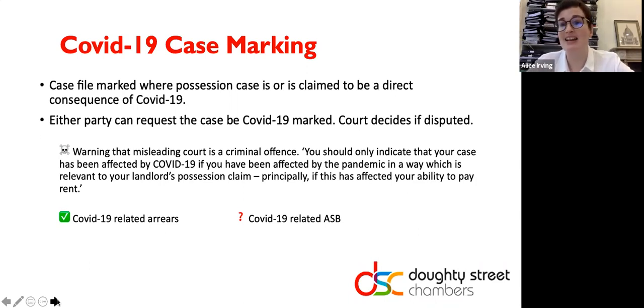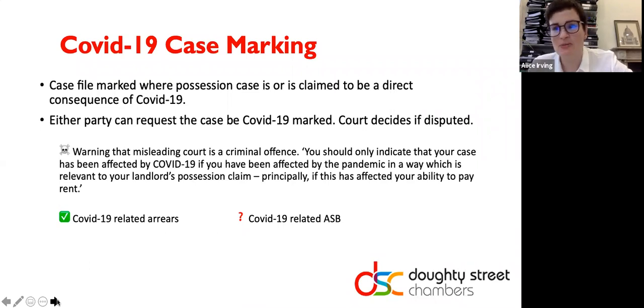And you might want to say something like, we can give an undertaking, or we can ensure this isn't going to happen in the future because some of those stresses have been reduced, although that may be less promising now that we see ourselves perhaps being locked down again soon. Nevertheless, it's not entirely clear whether the case marking procedure was intended to apply to those kinds of circumstances.